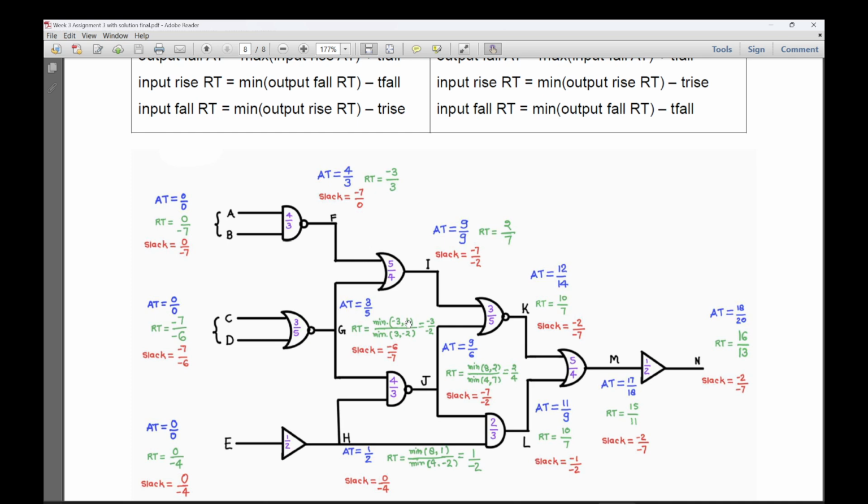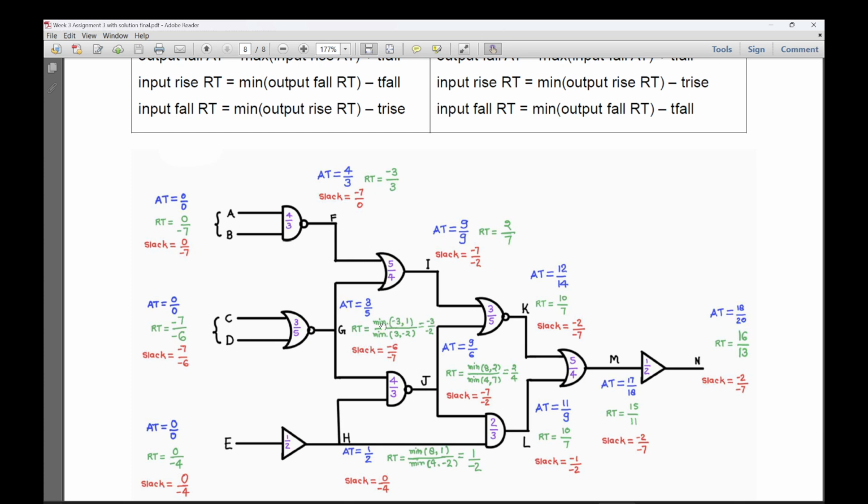Whenever I am propagating from primary input to primary output, I am taking the maximum. But whenever I am finding the required time, I have two values, -3 and 1. The -3 will give you the worst case required time. So that's why this -3 is taken.